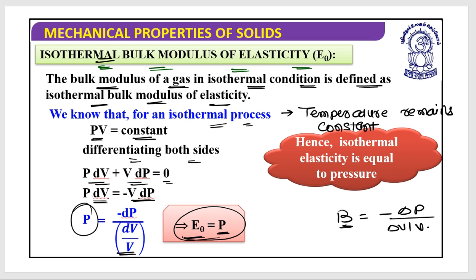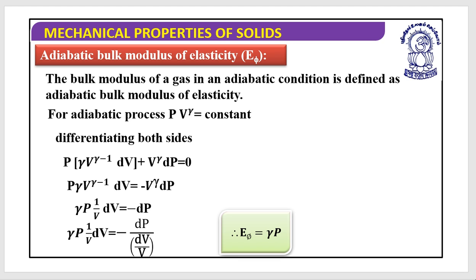In the same way, on a similar parallel track, we can find out the adiabatic bulk modulus of elasticity. The bulk modulus of a gas in an adiabatic condition is defined as the adiabatic bulk modulus of elasticity.